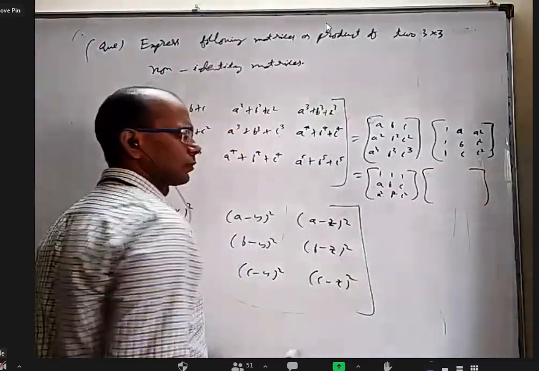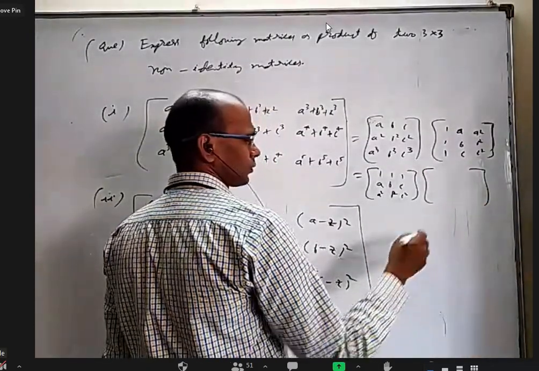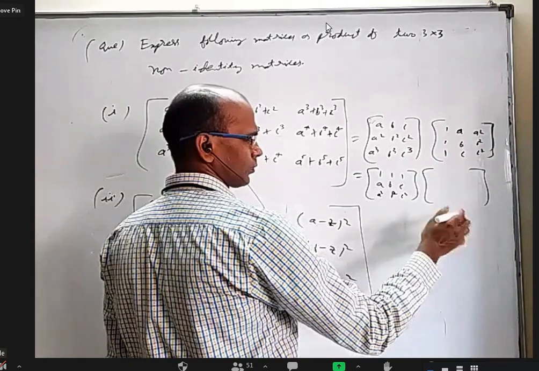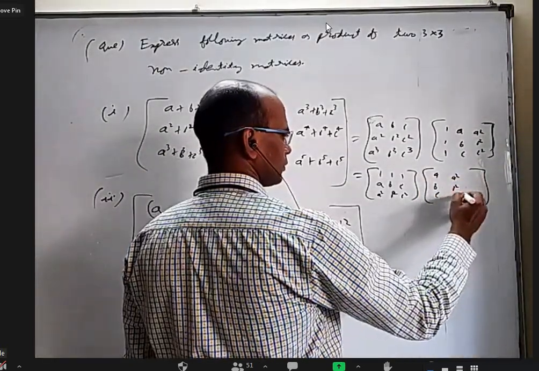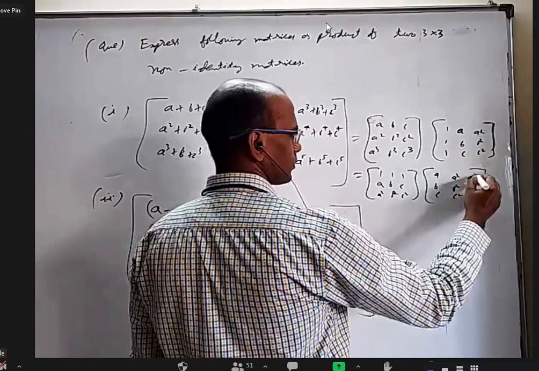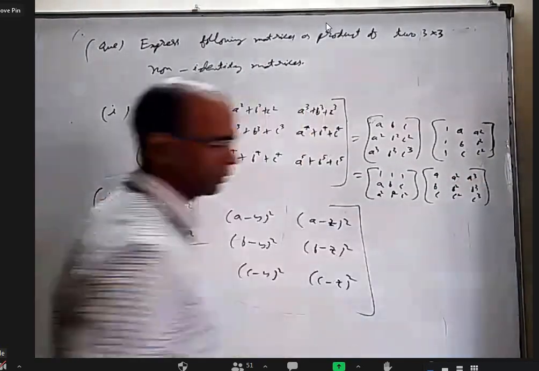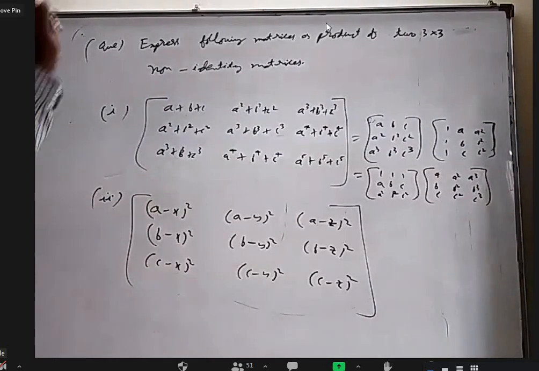Second matrix, I will tell in column-wise, sir: A, B, C; A square, B square, C square; A cube, B cube, C cube. Okay. Yes, right, reverse cube. This is also correct. You're right.